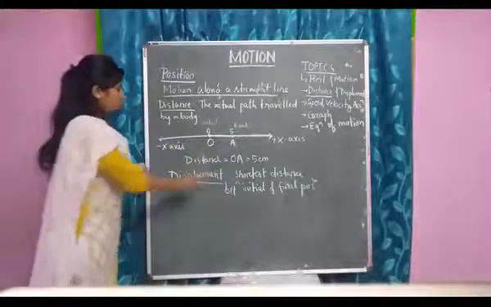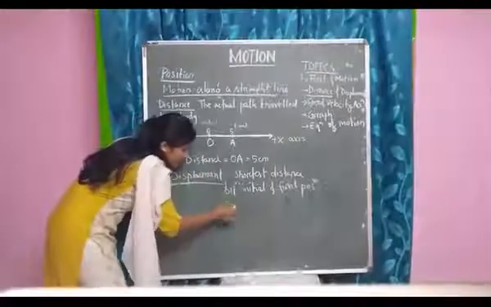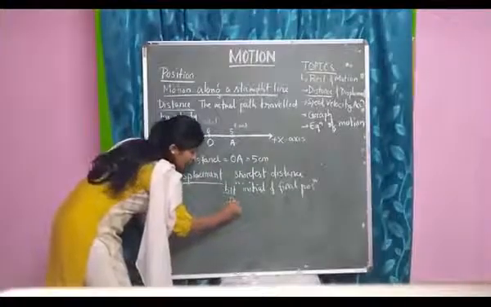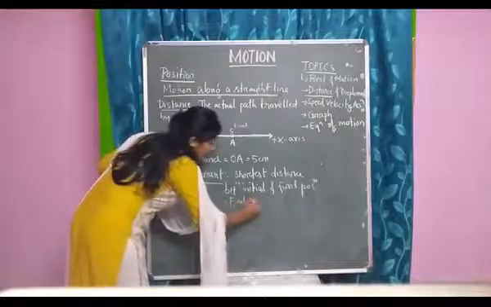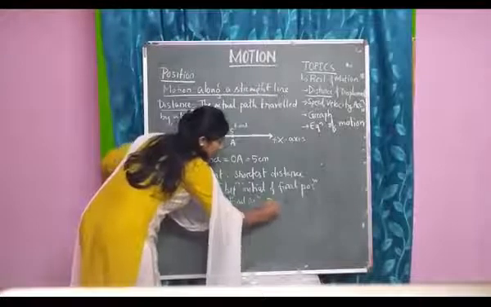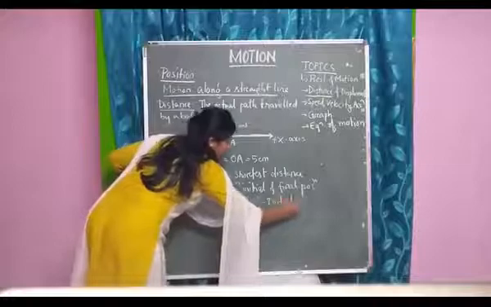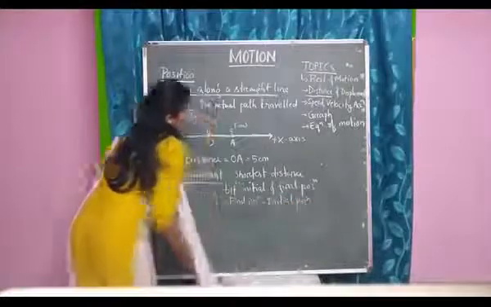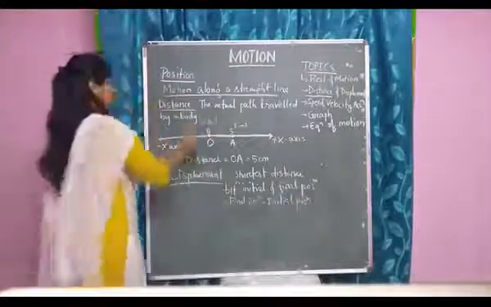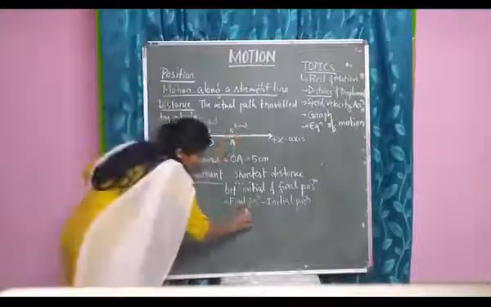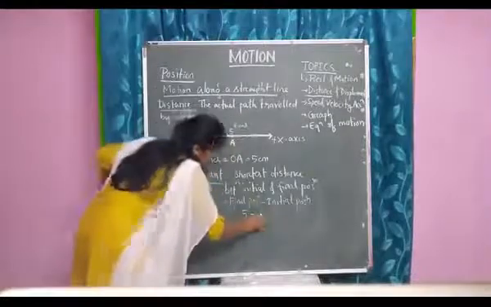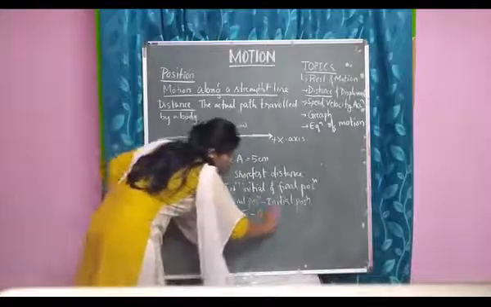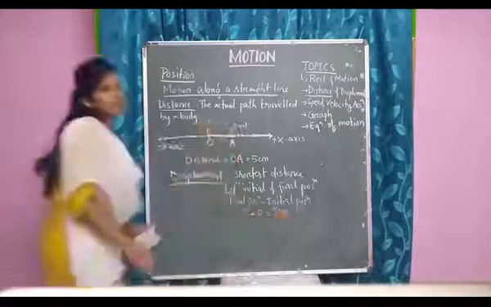So in order to calculate the displacement, you can write final position minus initial position. So here we will have final 5 minus 0, which is equal to 5 centimeter.